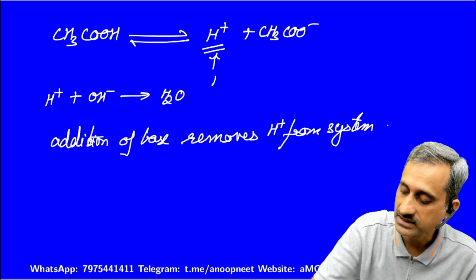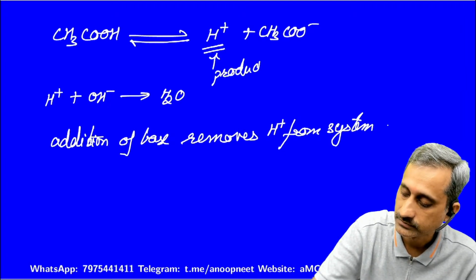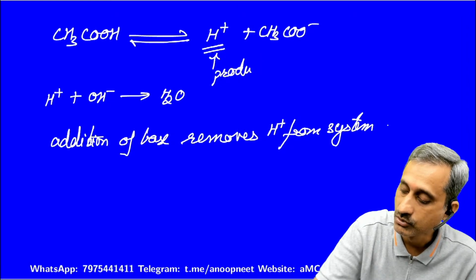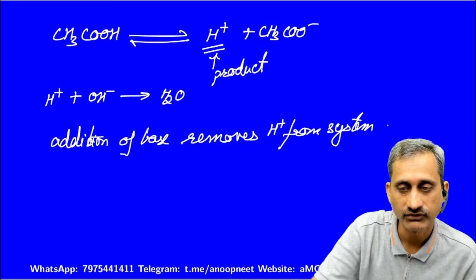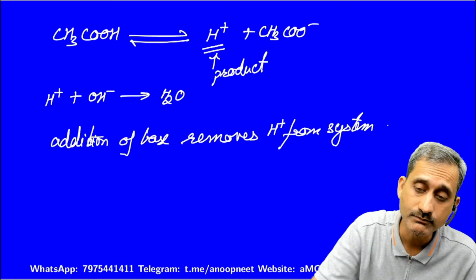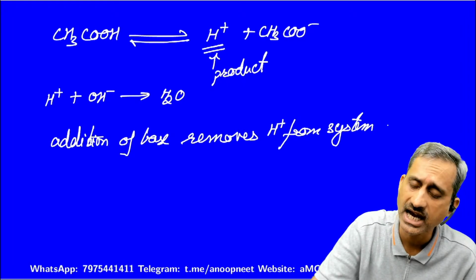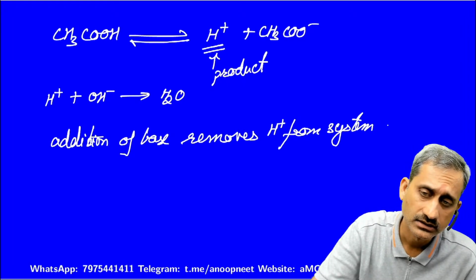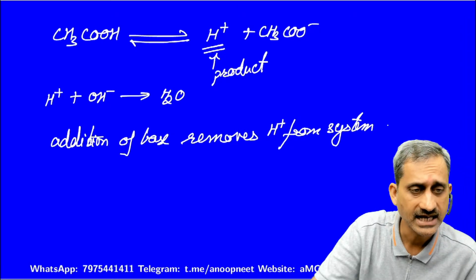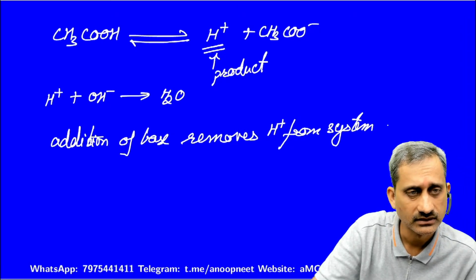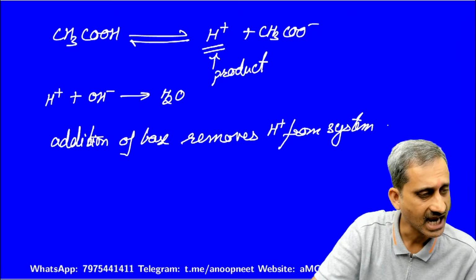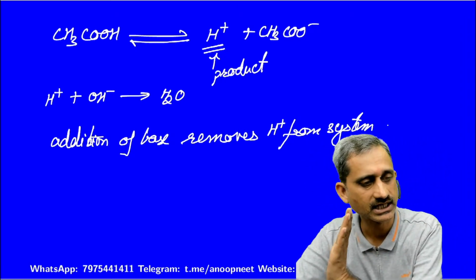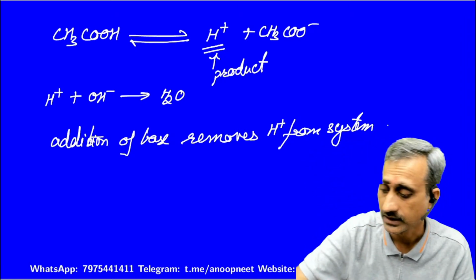Now H plus is the product of the reaction. You are removing a product from the reaction mixture. If you remove a product, in which direction will the reaction shift? Will the reaction stay where it is? It won't shift? So the reaction is going to shift in the forward direction.